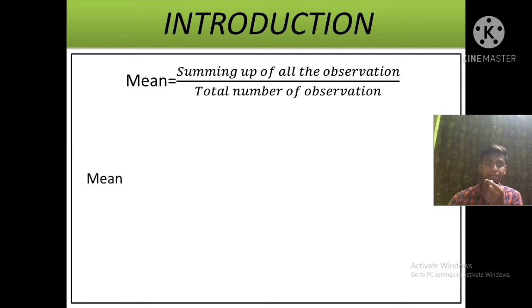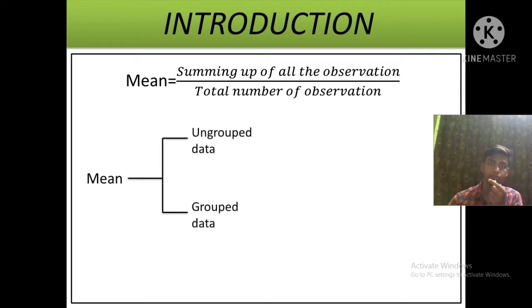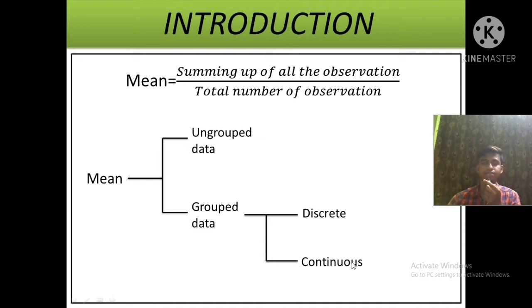The classification of mean is divided into two groups. One is ungrouped data and the other is grouped data, and grouped data is again divided into two groups, which are discrete series and continuous series.